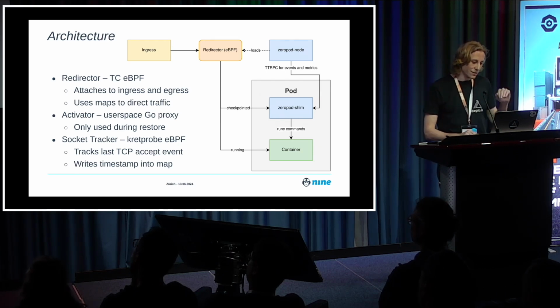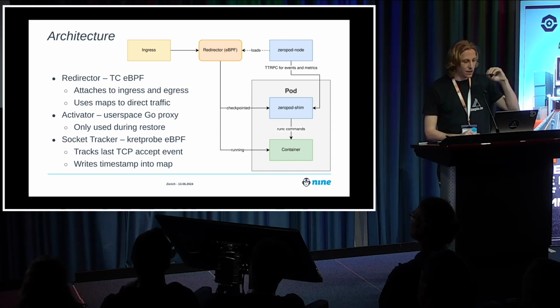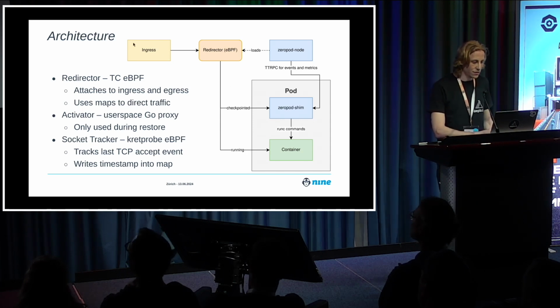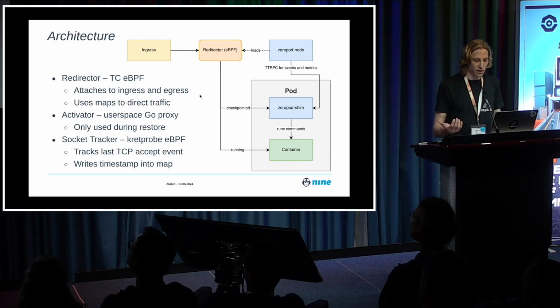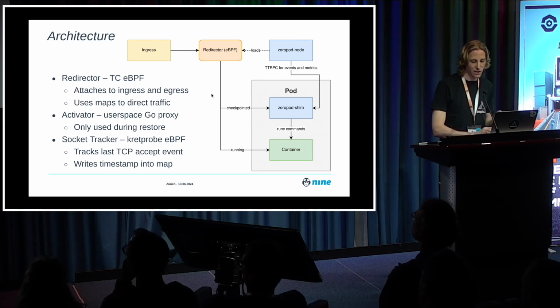The good thing about this is that the connection from the requester, the user, will be accepted, so essentially no traffic is dropped. And as soon as the process is running, this will always try to connect back to the application every millisecond.